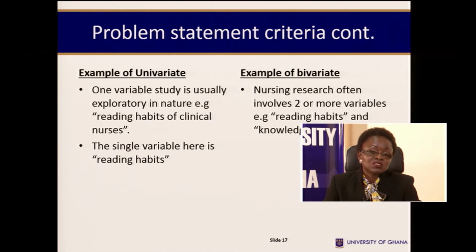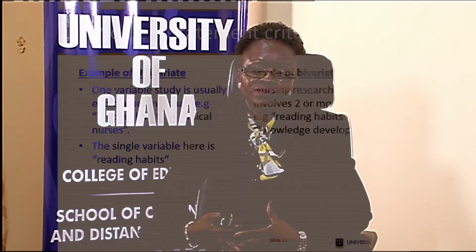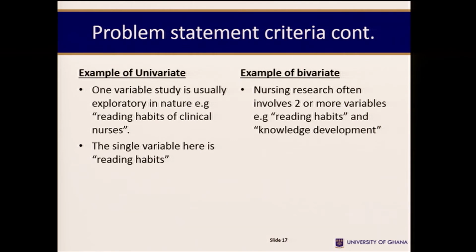A one variable study is usually exploratory in nature. An example is reading habits of clinical nurses. So the only variable here is reading habits, and clinical nurses is the population. Now, on the other hand, bivariate studies. Please look at this example. Nursing research often involves two or more variables. Most of the research done by nurses involves two or more variables.